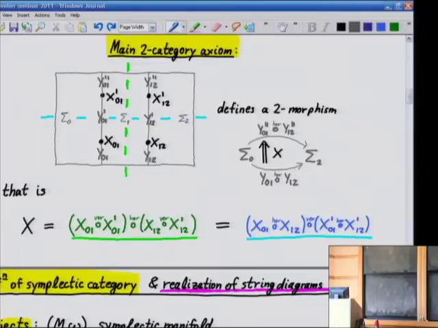And I can pair them up. So it's 4 Lagrangians, and I have 3 symplectic manifolds: sigma naught, sigma 1, sigma 2. But I can pair these up if I take 2 copies of sigma 1, because really when I go around, I see sigma 1 twice.